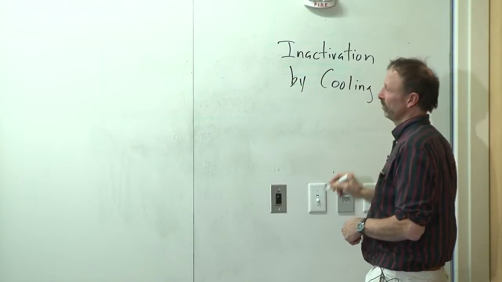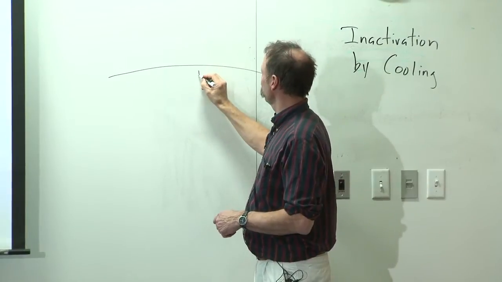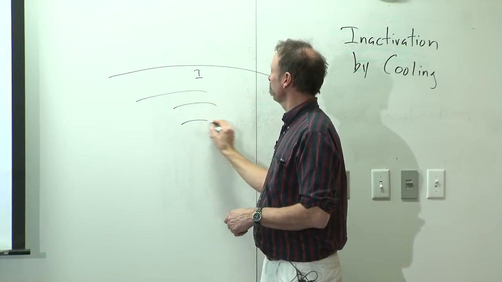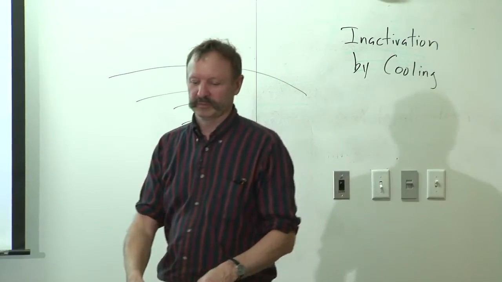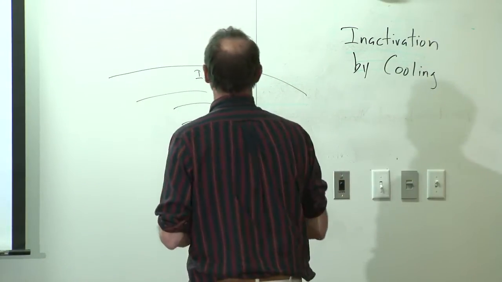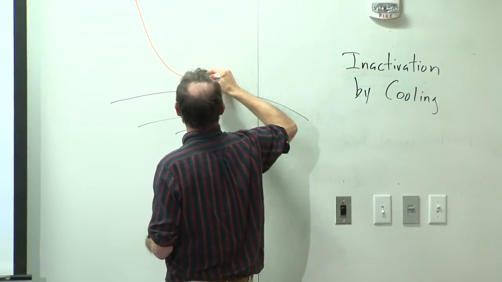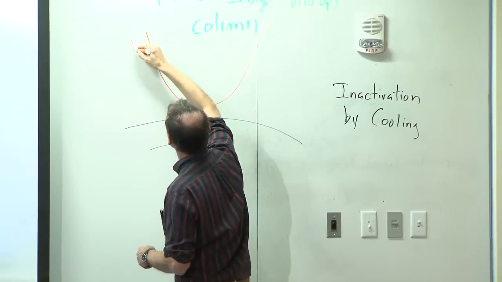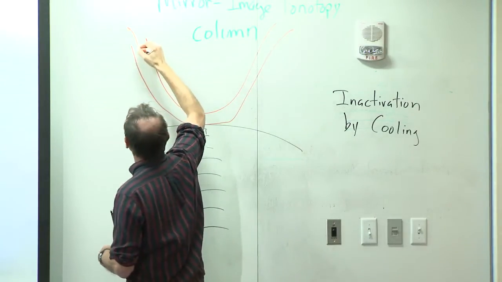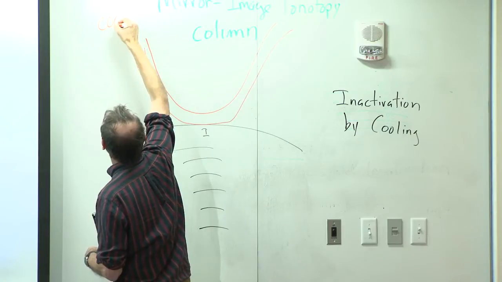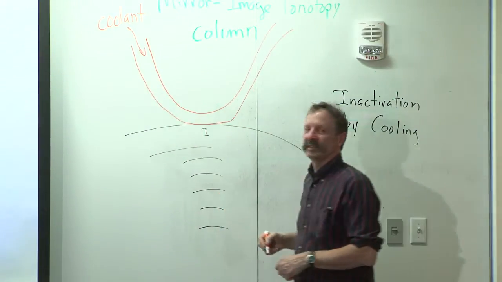Maybe many of you have heard of this. This might be the auditory cortex, the surface. This is layer 1 and the different cortical layers. The way you can inactivate the cortex by cooling is by taking a piece of tubing that has cooling fluid, or coolant.